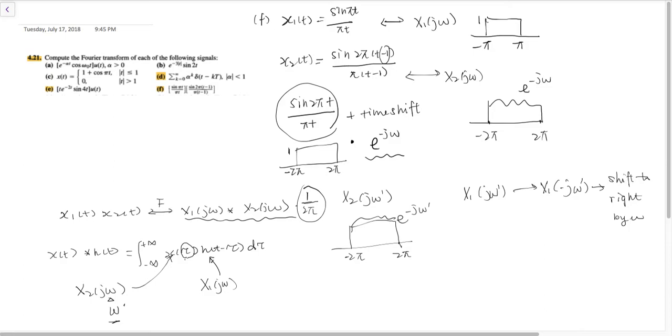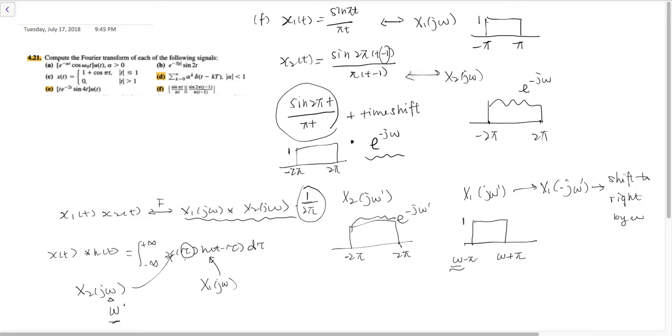Since we're symmetric over the y-axis, when we do the time reversal, X1 of negative j omega prime actually looks exactly the same as X1 j omega prime. And then we shift to the right by omega. So it is supposed to look something like this, because we shift to the right by omega.